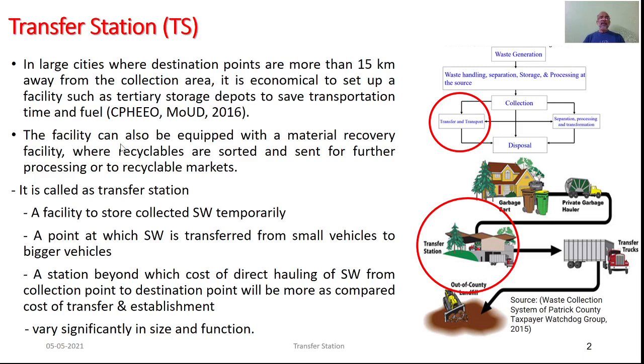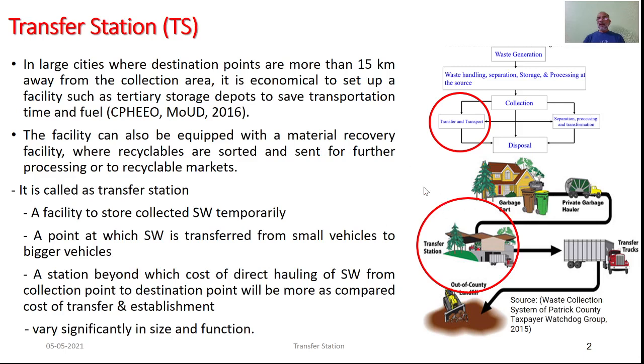The facility can also be equipped with a material recovery facility where recyclables are sorted and sent for further processing or to recyclable markets. This particular facility is called a transfer station.